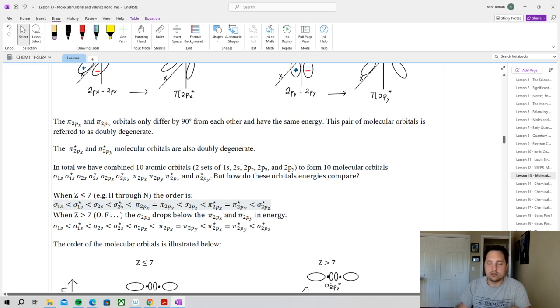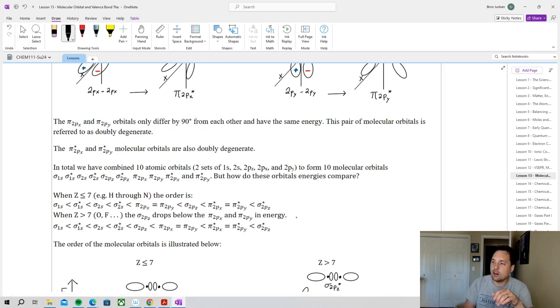That's pretty straightforward, and that's the same for when it's greater than nitrogen. But then for hydrogen through nitrogen, you have the pi 2px and pi 2py molecular orbitals, which have the same energy. They're the next highest in energy. Then it's the sigma 2pz. Then you have the pi 2px star and pi 2py star.